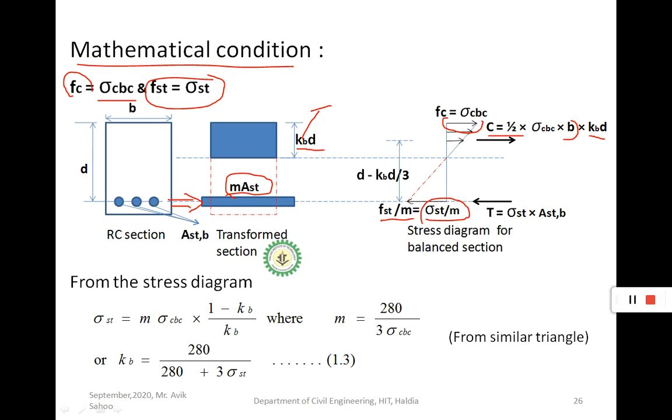The stress is f_st by m and the area is m into A_st. So both m's cancel each other, numerator and denominator. So we get the tensile force in the balanced section. Here the amount of steel used in the balanced section is A_st,b. Suppose here 3 bars are used to make the section balanced.